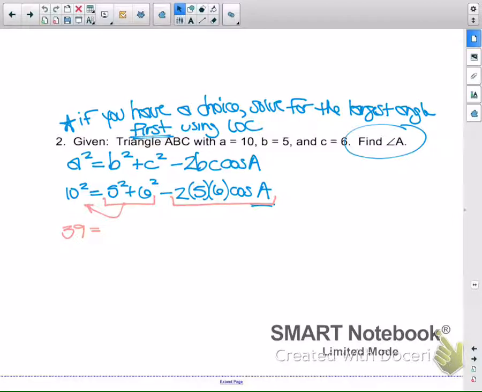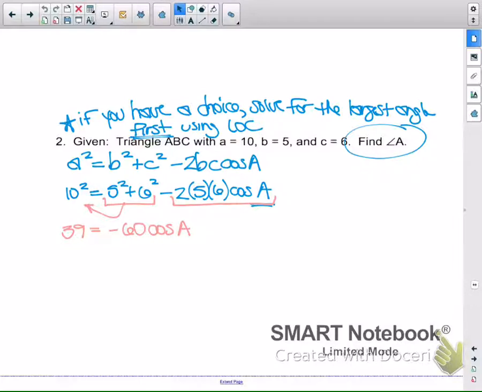What's negative 2 times 5 times 6? Negative 60. That's the number that goes in front of the cosine. If you lose that negative, what will happen is sometimes your calculator won't be able to find the angle for you. So someone will walk up to me and say, why is my calculator giving me an error? Because you've done something wrong. Okay? You've gone horribly wrong here.